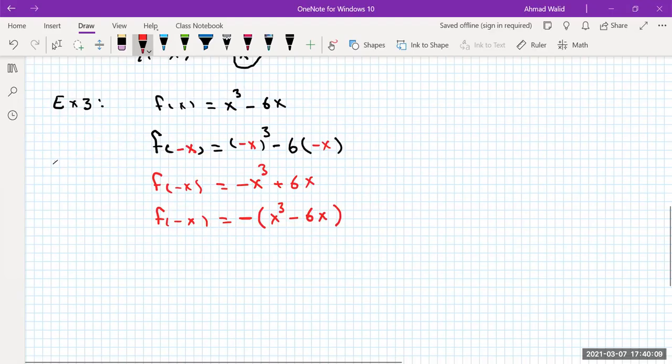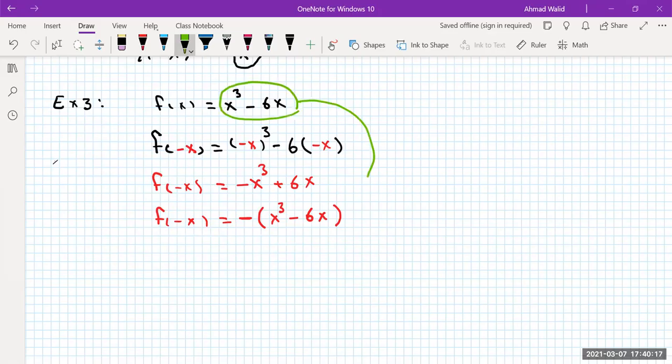Now, just compare the right side of the given function with the right side of the resulting function after you replaced x with negative x. What is the difference? The only difference is the outside is a negative, correct?